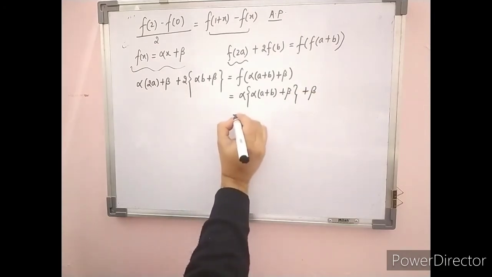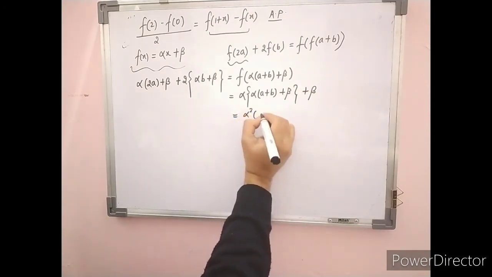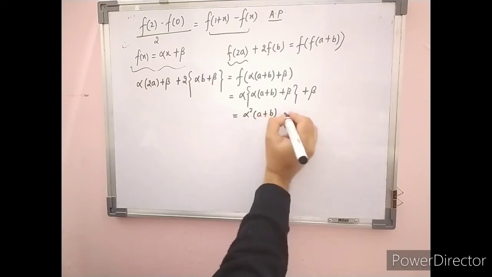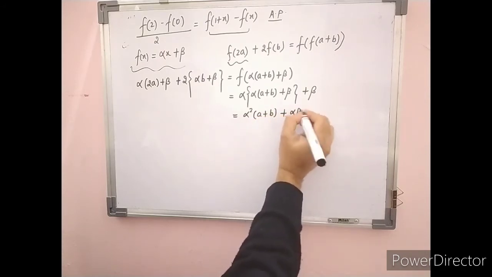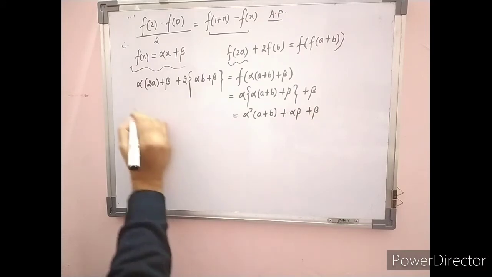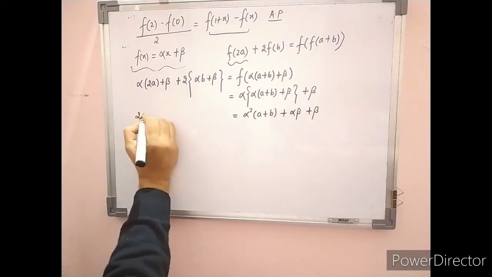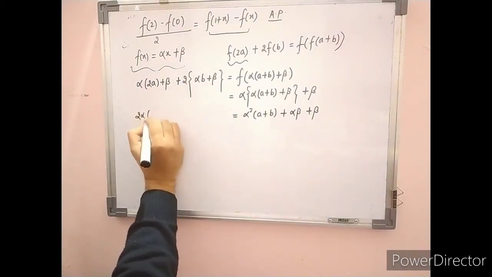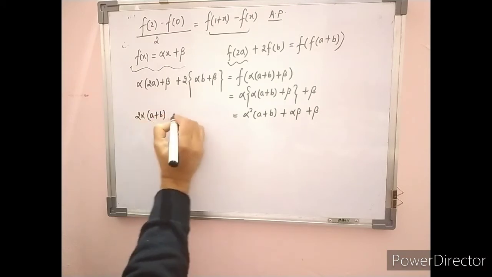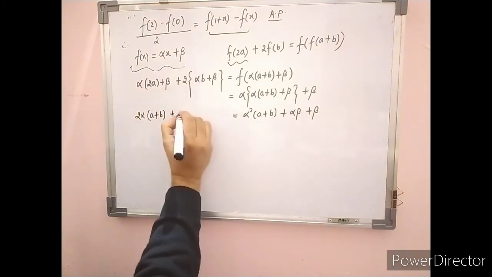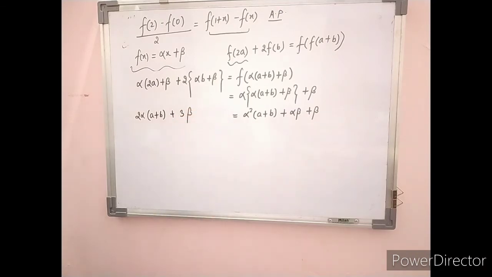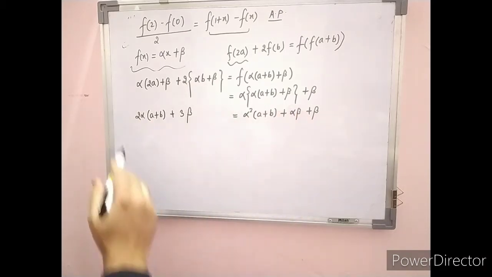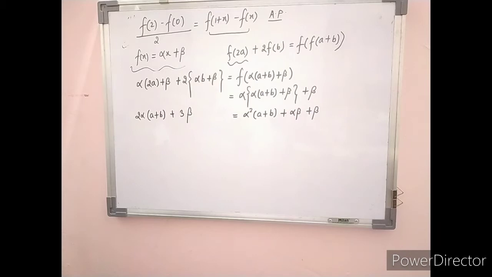Now we can simplify it further: alpha square times (a plus b) plus alpha beta plus beta, and this side it will be twice of alpha (a plus b) plus beta plus 2 beta, and that means 3 beta. Okay, now what we can do? Actually, this particular equation is valid for all the values of alpha and beta.